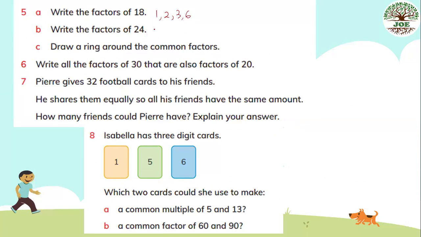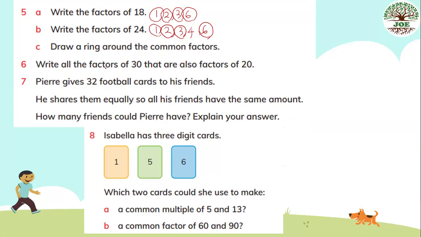And for 24, 1, 2, 3, 4, 6. So draw a ring around the common factors. So 1, 2, 3, and 6 are the common factors of 18 and 24.